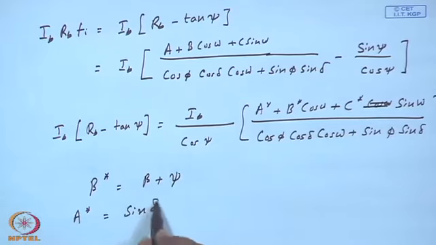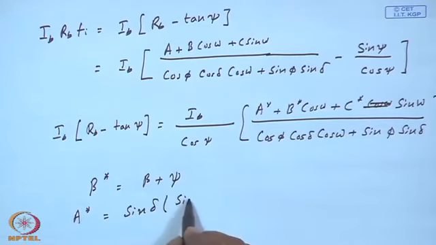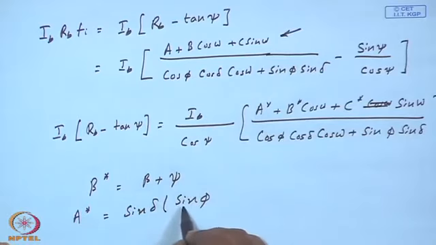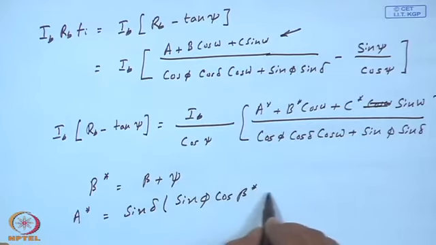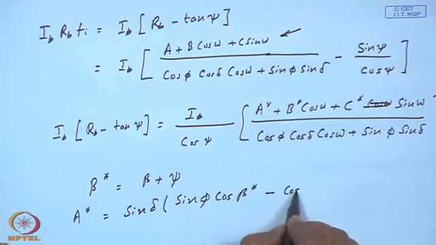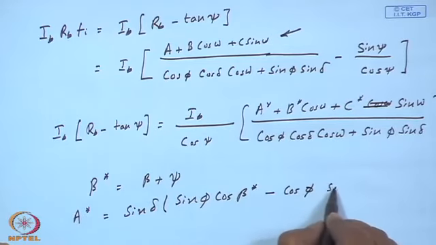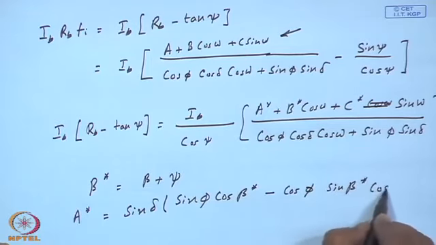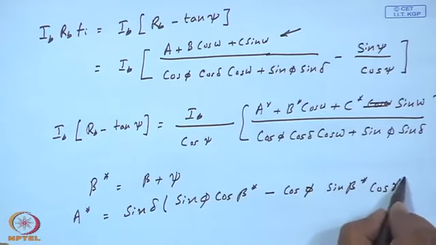You recall the fundamental definition, when we expressed cos theta as A plus B cos omega plus C sin omega, that is what we have done here. Sin phi cos beta star minus cos phi sin beta star cos gamma.